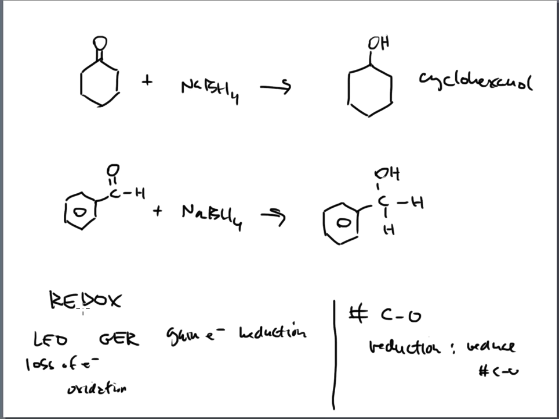That's just an extra little word that we can throw off, because look at what we're doing to the number of carbon to oxygen bonds. We are reducing them, aren't we? We are taking carbon, and it did have a double bond to an O, and we are ending up with a carbon single bond to an O. So we are reducing the number of carbon to oxygen bonds.